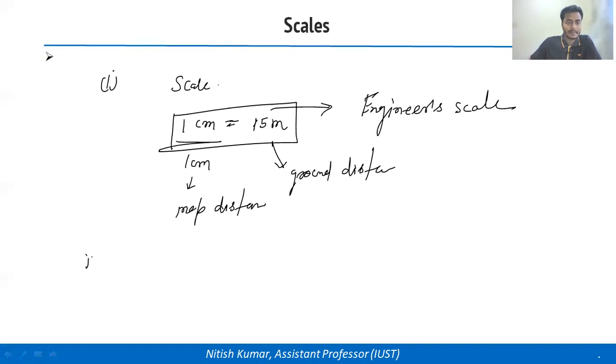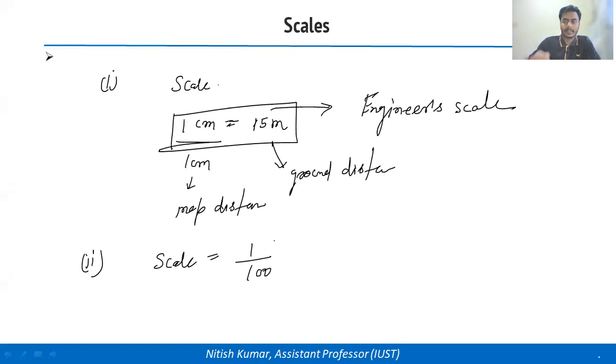Second method, we can write in terms of fraction, meaning the unit is the same. What is the meaning of this? Let me write here a scale. Suppose the scale is equal to 1 divided by 100. No unit is mentioned; there is simply a ratio, a fraction.